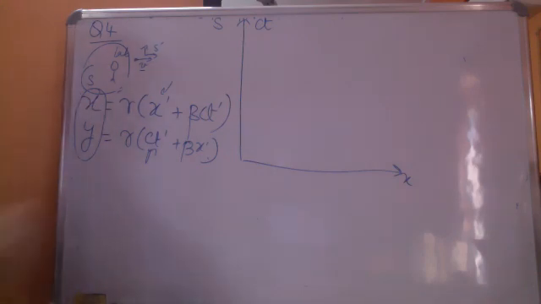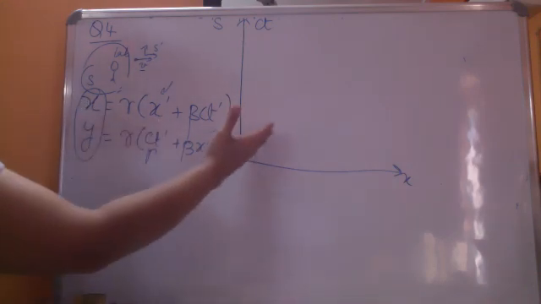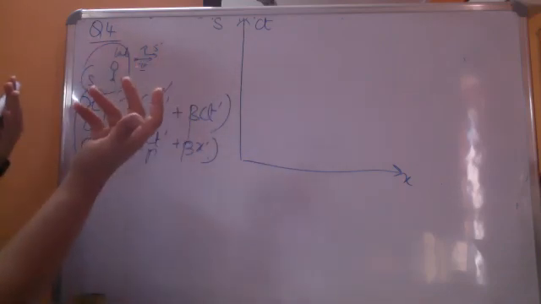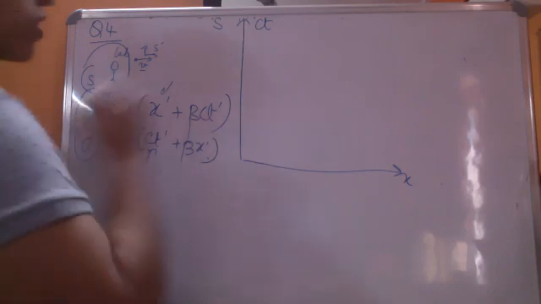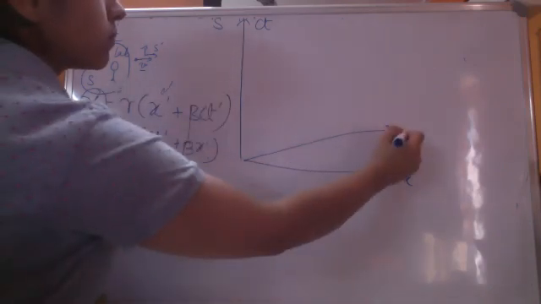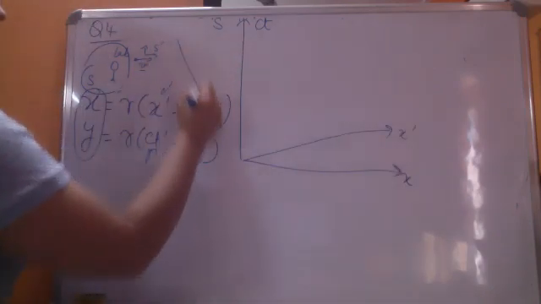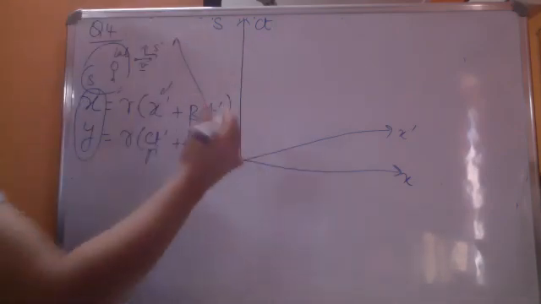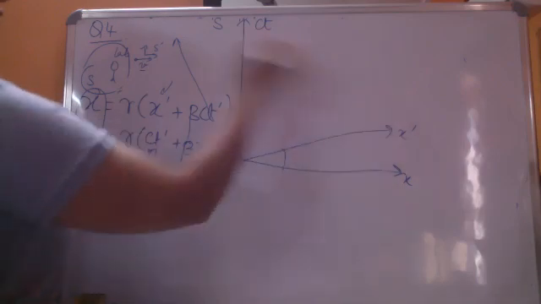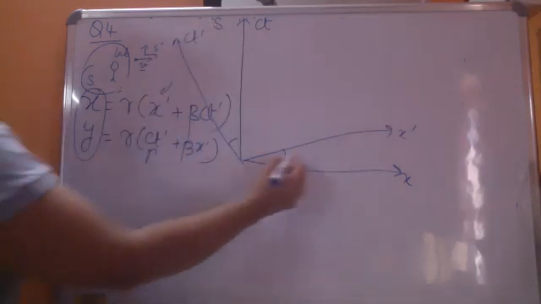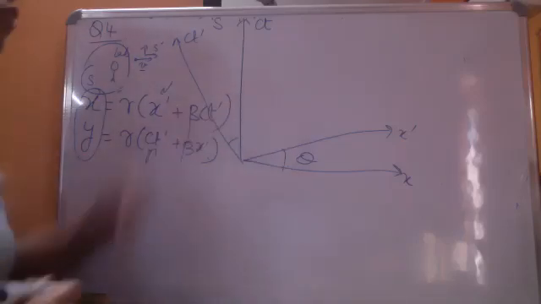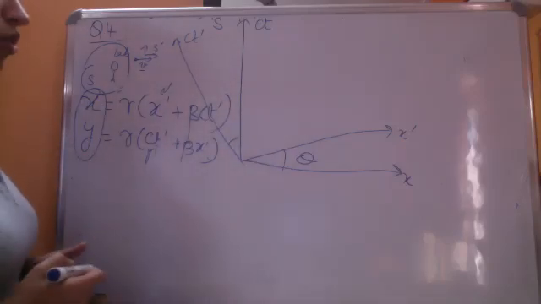Just like if you have an X prime CT prime coordinate system which would represent a simple rotation by an angle theta, how would you draw X prime CT prime? If they are rotated about a fixed axis perpendicular to the plane of the board, you would say my X prime looks like this, my CT prime looks like this, and this is the angle theta. And then you know what the matrix relating them is.